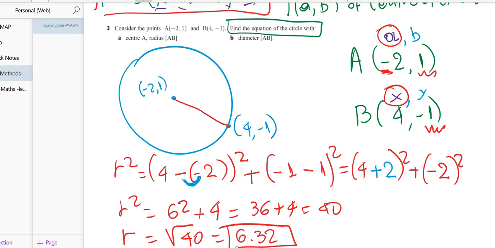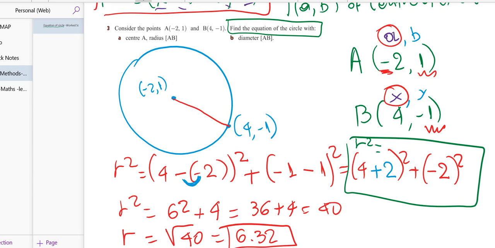So the equation will be r squared equals this. You really need to substitute the values. If they ask you to find the radius, solve it, you have to do your numbers and finish the exercise.